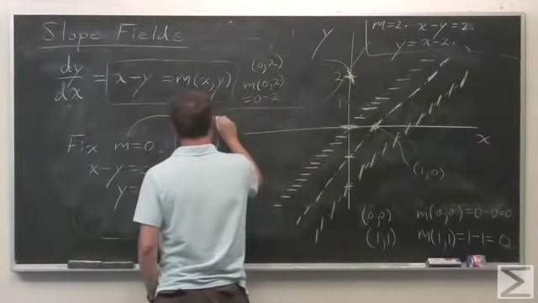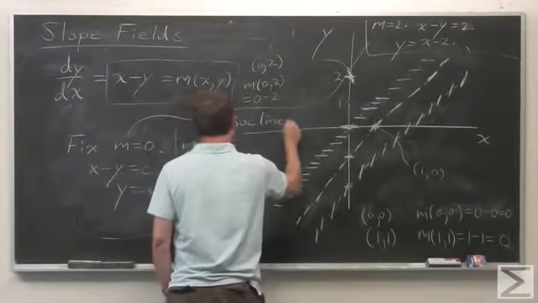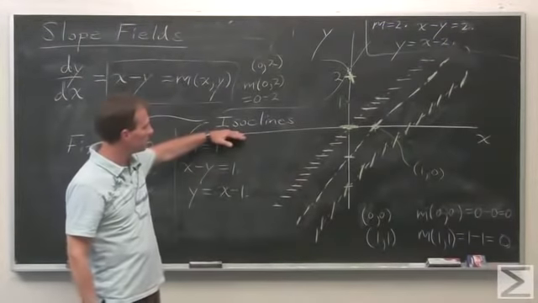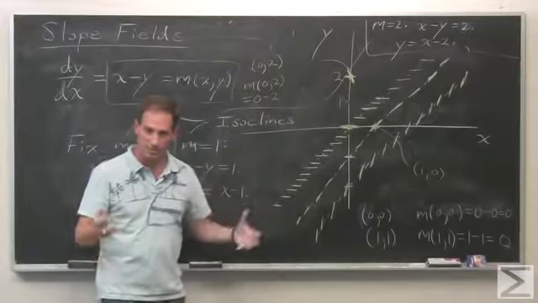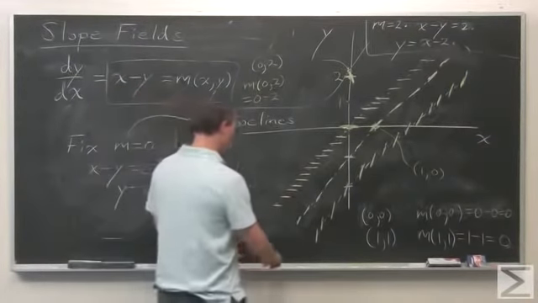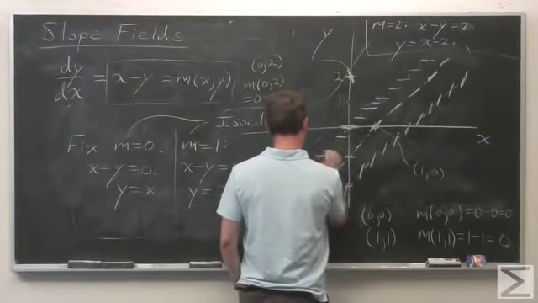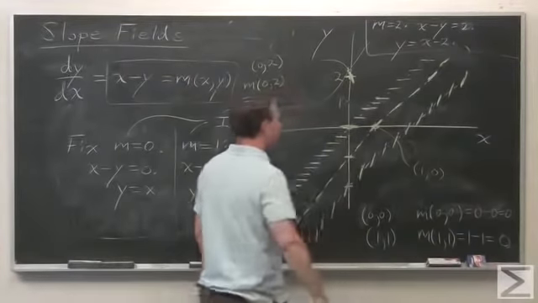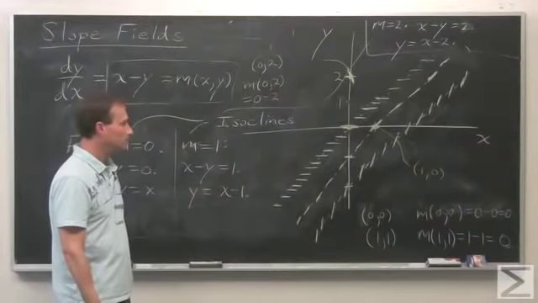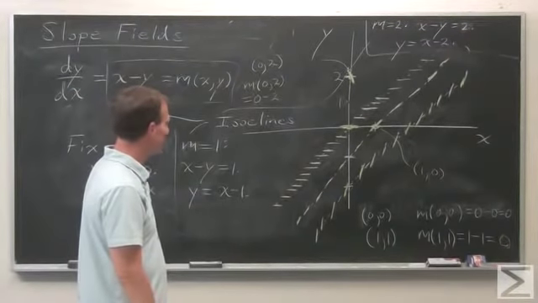They are called isoclines. Iso is a prefix meaning same, and cline means inclination. So same slope. They're curves along which you have the same slope. All those are supposed to be slope 0. And they're a device for helping you draw slope fields.